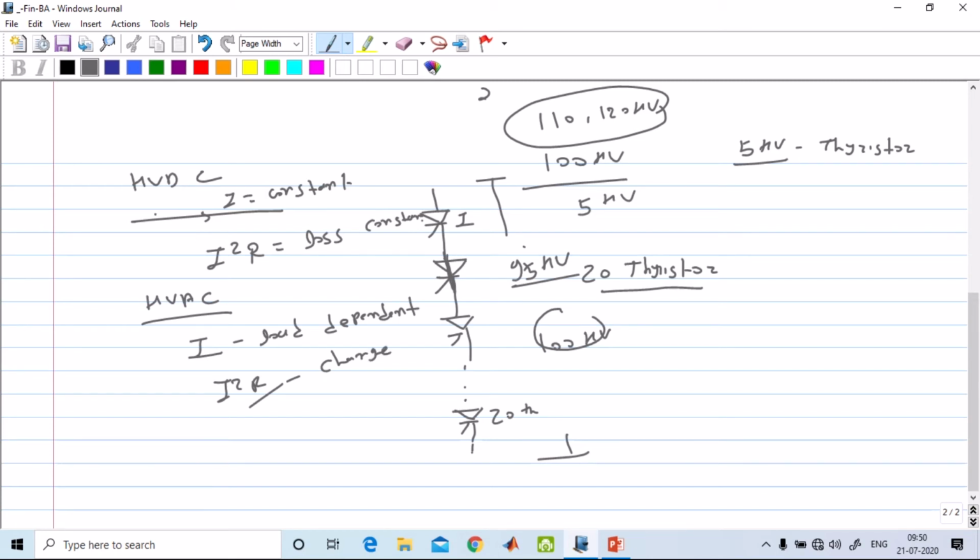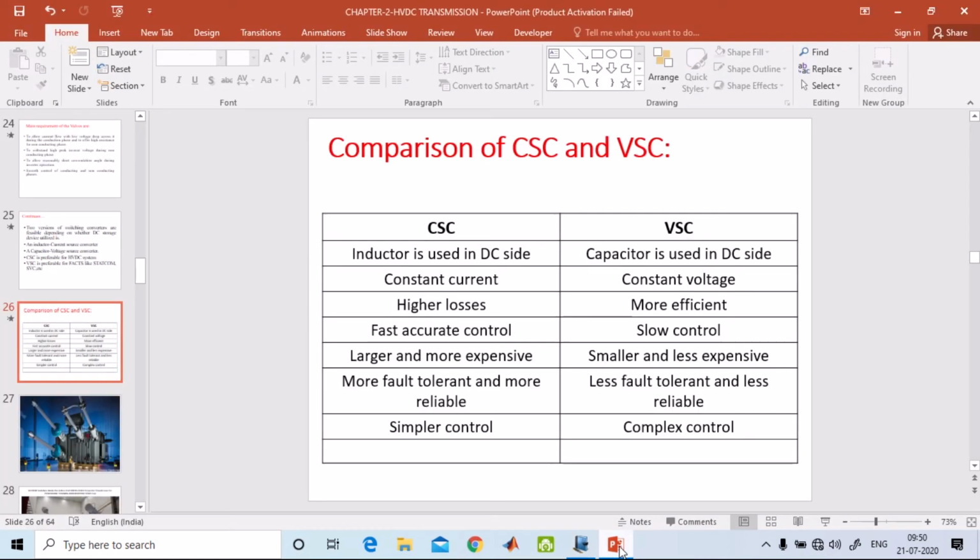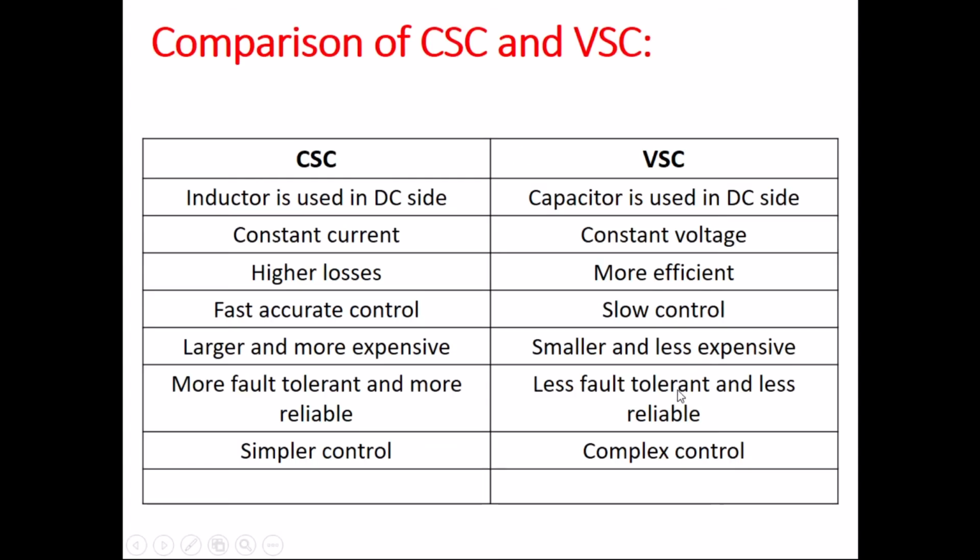But in the HVDC system, it is fixed. Because of that, the I square R losses are high in the CSC as compared to the HVAC system. VSC is more efficient because its losses are less.